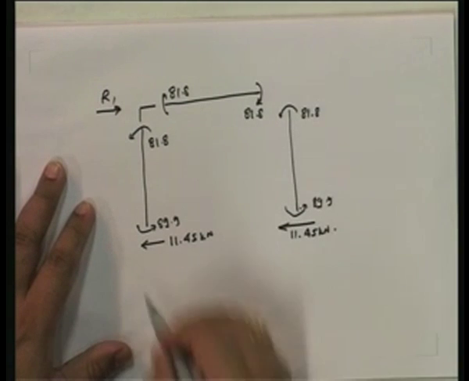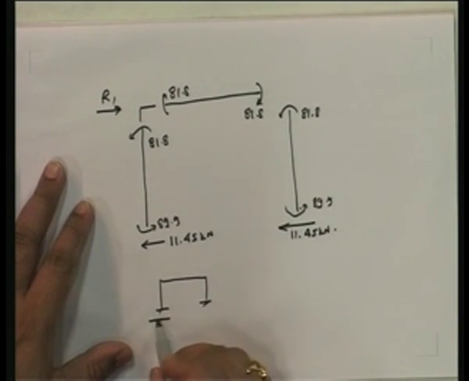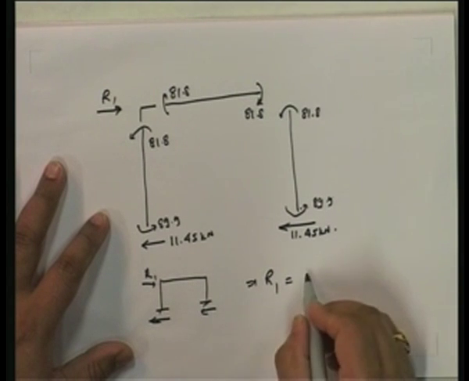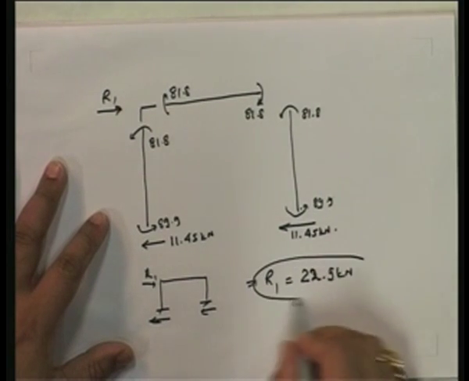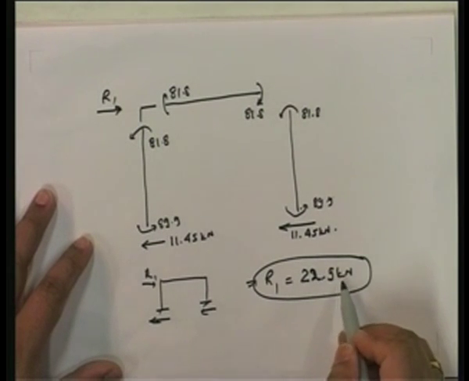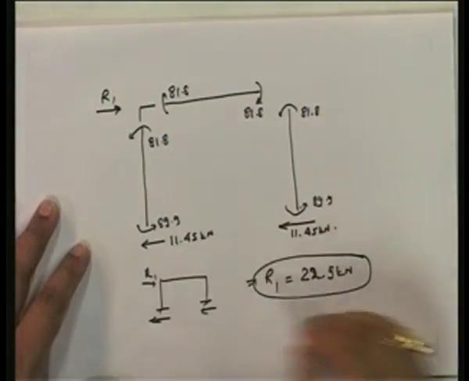So if you look at the entire structure, we know the reaction here and here, and this is R1. You will see that R1 is equal to 22.9. So the main thing is, if R1 was equal to 22.9, then the moment over here would be equal to 0.